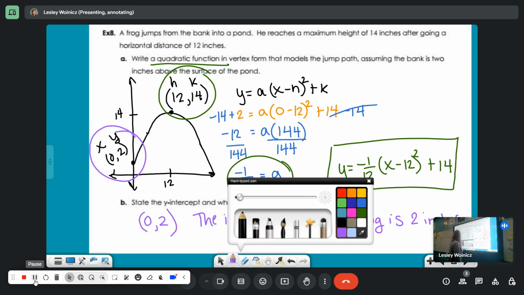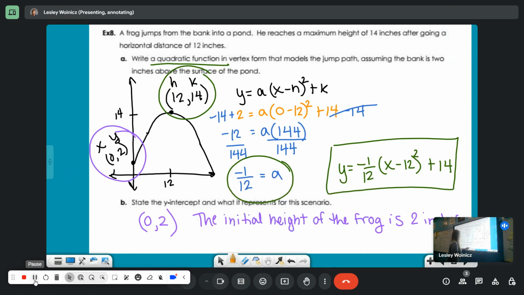That's the height from which his jump starts. Whenever I say initial, that's code for, hey, my X or whatever is 0. Okay?